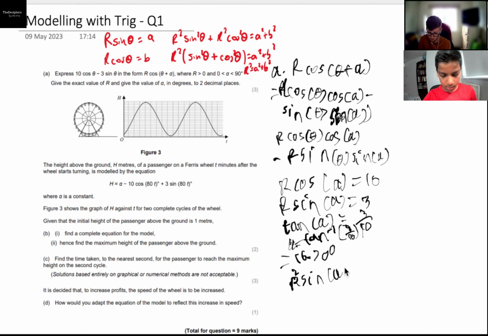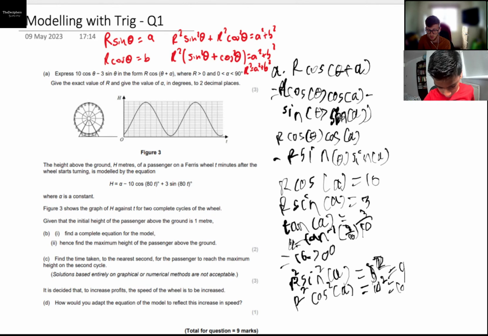Yep. And r squared sine squared alpha is 3 squared. Remember, you just squared both sides. 3 squared is 9. Next, r squared cos squared of alpha is 10 squared, which is 100.